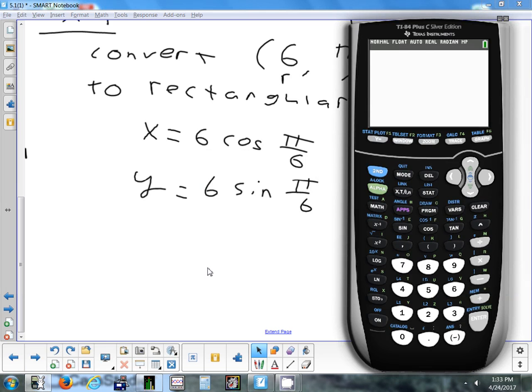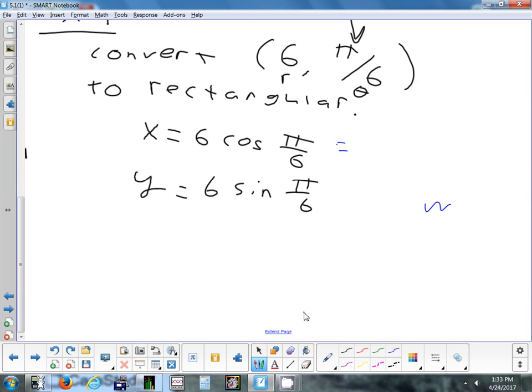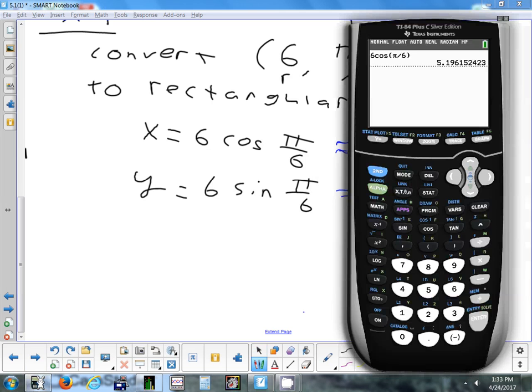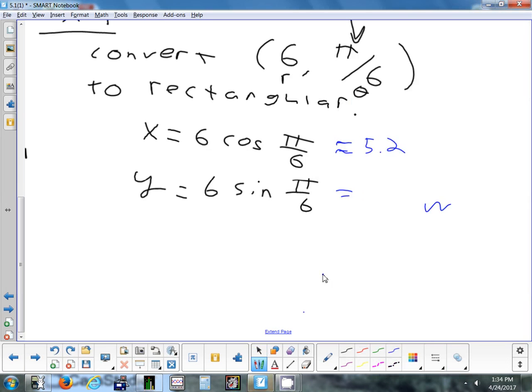All right, back to what we're doing. So 6 cosine pi over 6. Okay, and then I'll round that off to about 5.2. And y, same thing, we're just going to type in sine. So 6 sine pi over 6 is 3. Okay, so you've got the x and the y, just write them as a coordinate: x, comma, y. There's your coordinate.